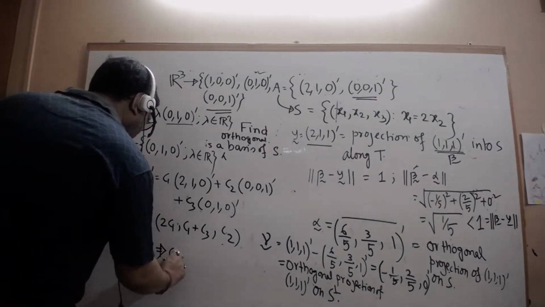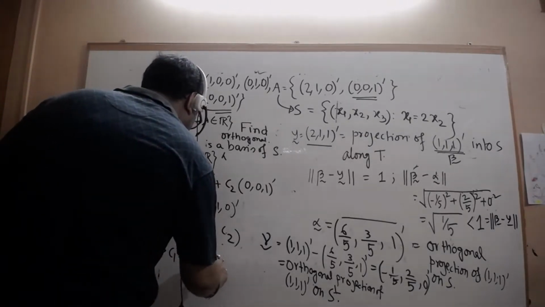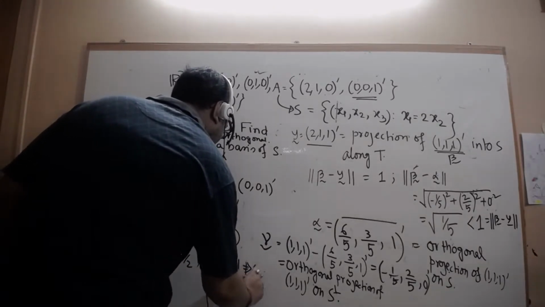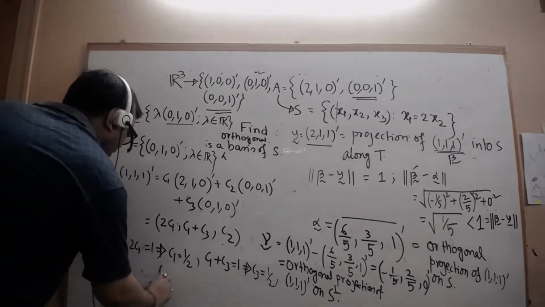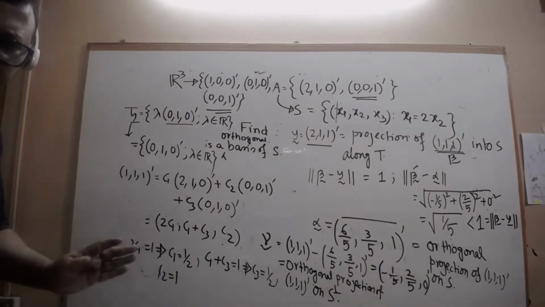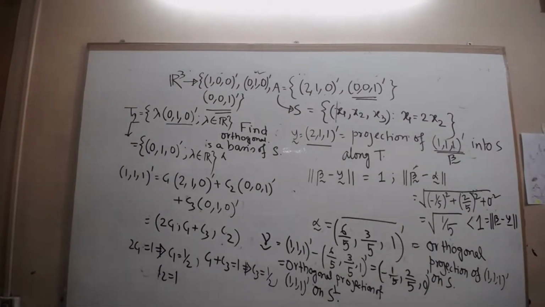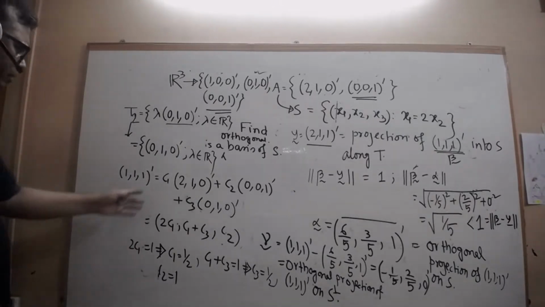This means C1 equal to half. C1 plus C3 equal to 1 means C3 equal to half, and C2 equal to 1. So up to that, do you get this, or do you get different values of C1, C2, C3? If you get different values, please find my mistake.